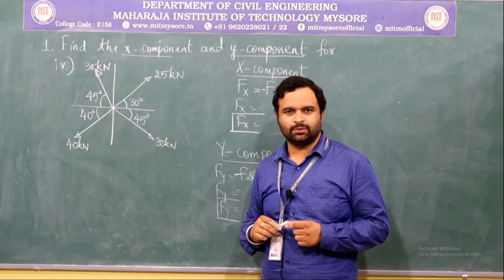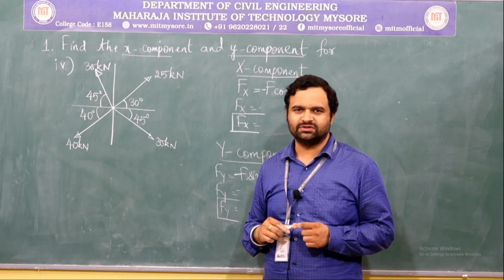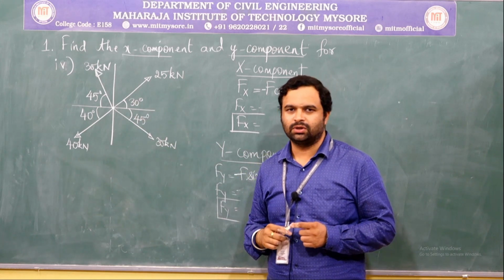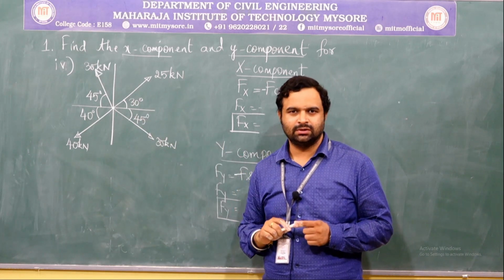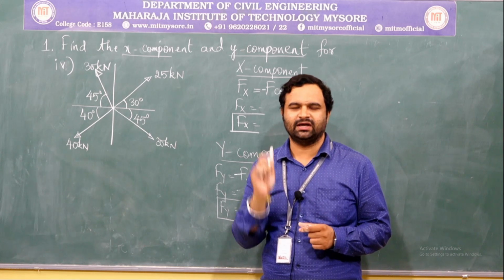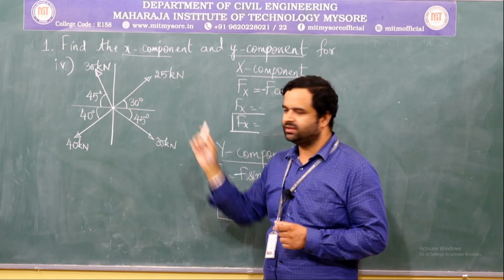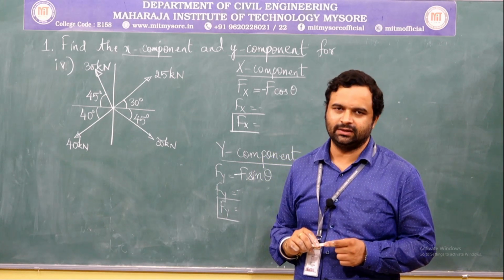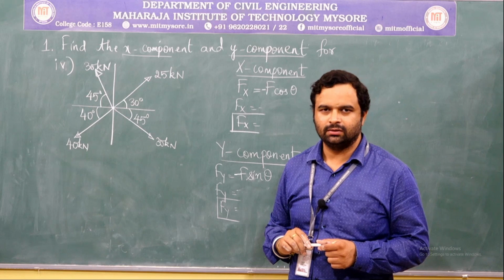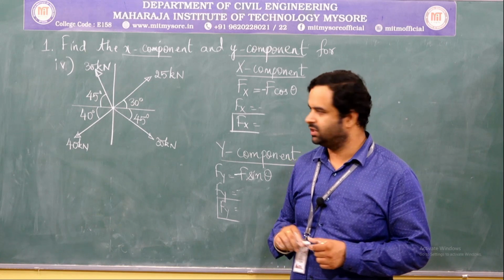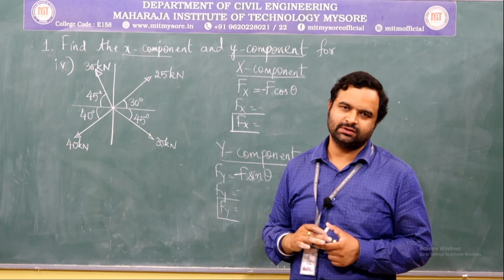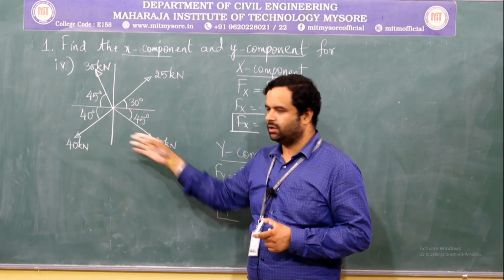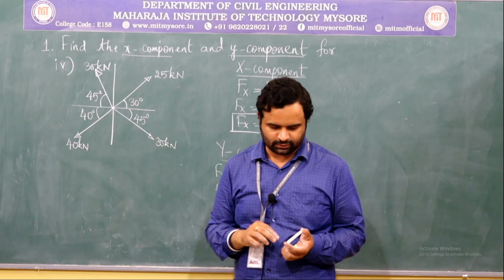Next, in this problem, we have the forces lying in all 4 quadrants. So, there are totally 4 forces, and you need to find the x and y components of all these 4 forces separately. Okay? So, let us try to understand how you can resolve the forces of all 4 quadrants in this problem.